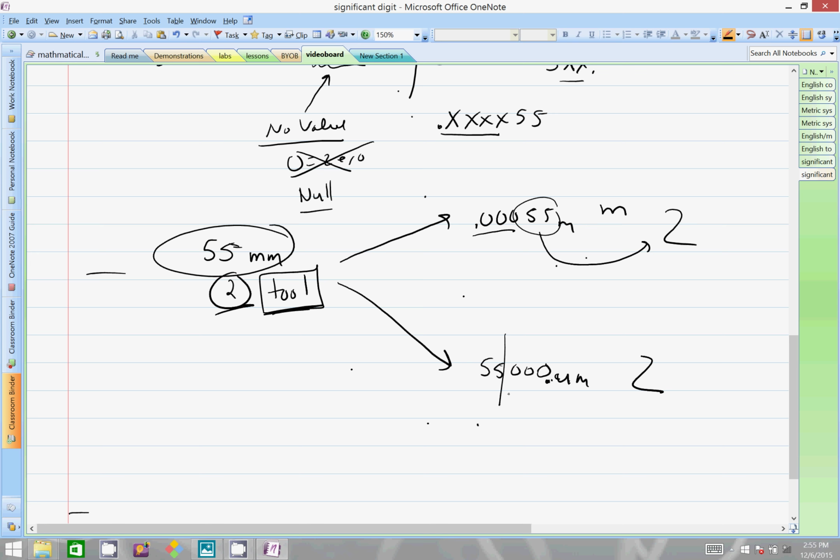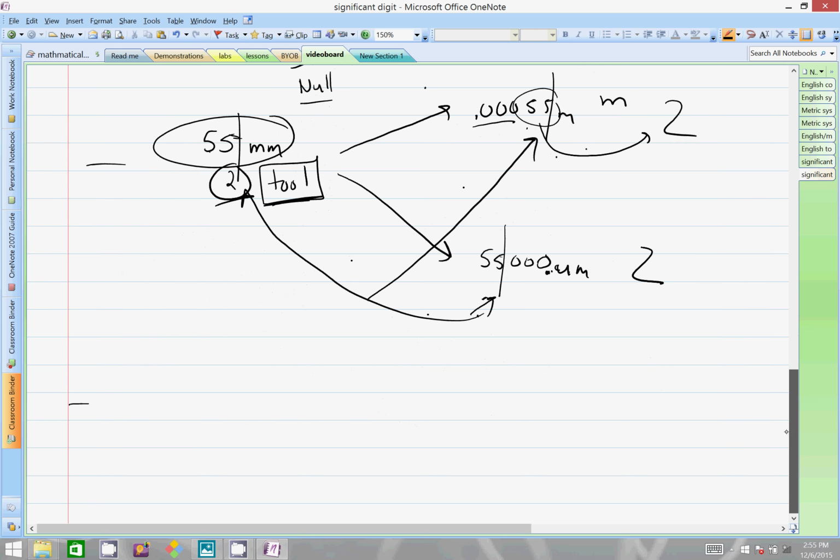No. My accuracy drops off right here, and right here. In every case, my accuracy drops off in the same exact spot after the 5. And therefore, 2 sig figs, 2 sig figs, and 2 sig figs. So, in this case, we have leading zeros, trailing zeros, and trapped zeros. Things you want to be able to try. And we'll throw some practice examples out here you could possibly try.